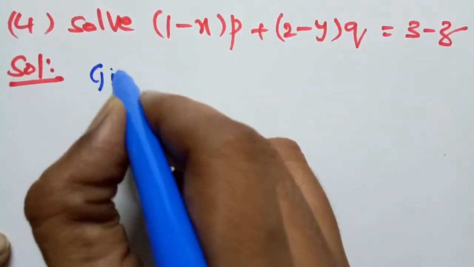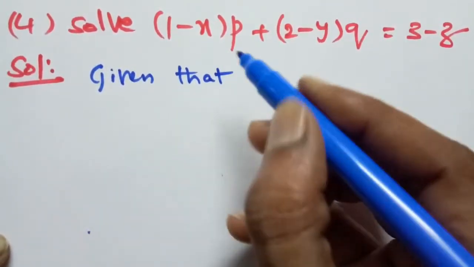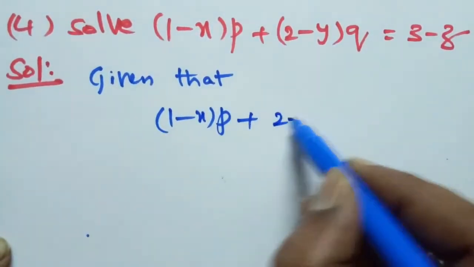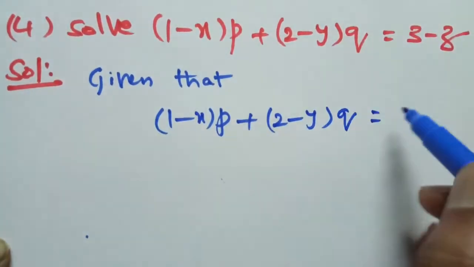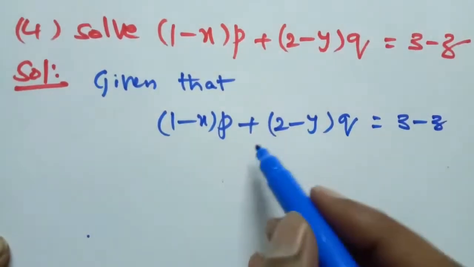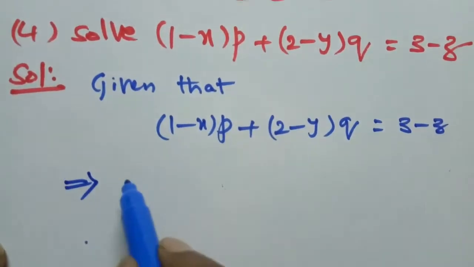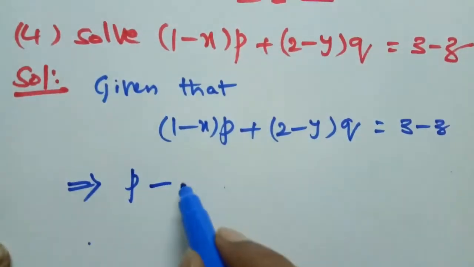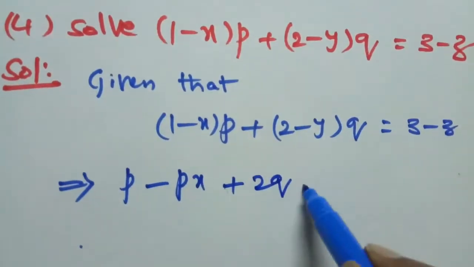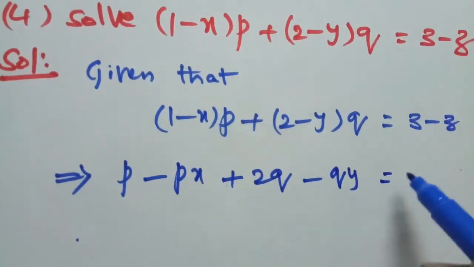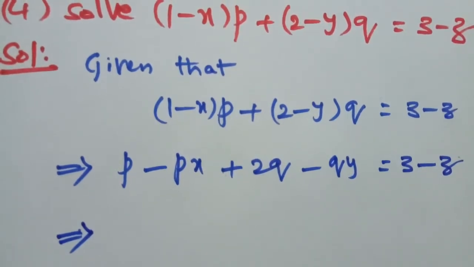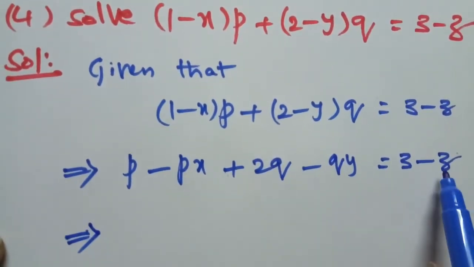Given that (1 minus x) into p plus (2 minus y) into q equal to 3 minus z. Therefore, multiply. This implies 1 into p, p, minus x into p, px, plus 2 into q, 2q, minus q into y, qy is equal to 3 minus z. That implies this can be written as, we are writing minus z on the right hand side.